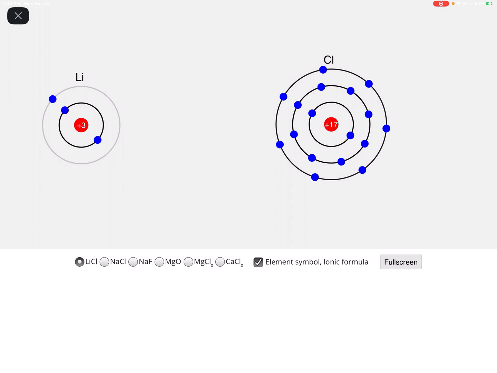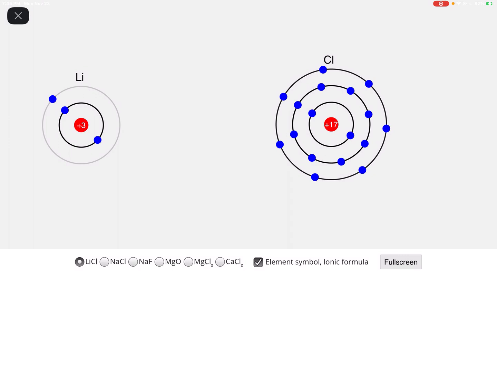They want their outermost energy levels to be full. So metals, since they have a low number of valence electrons, tend to give up electrons. Non-metals usually have 5 or more valence electrons. They take them in.